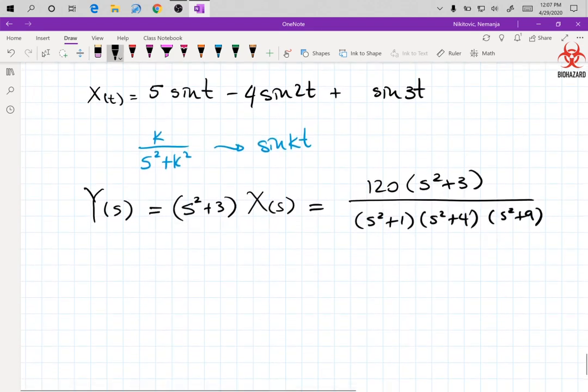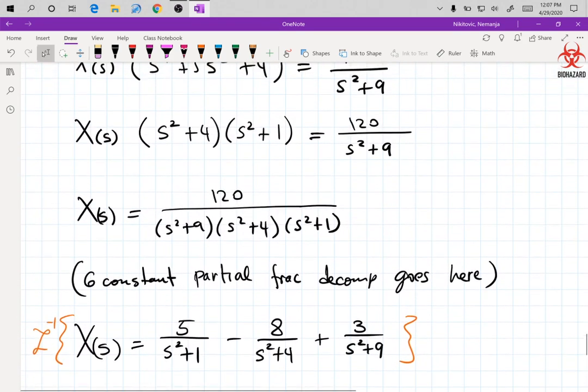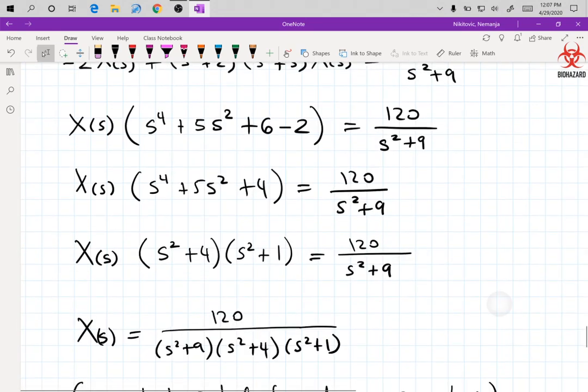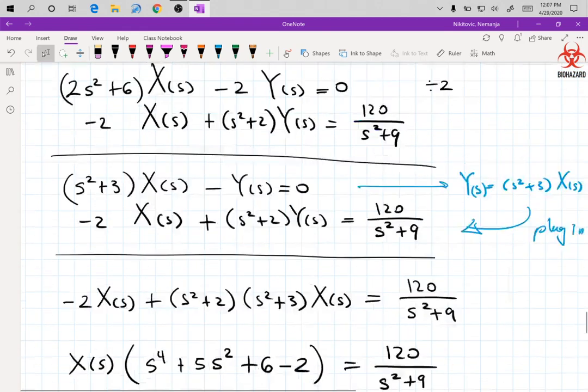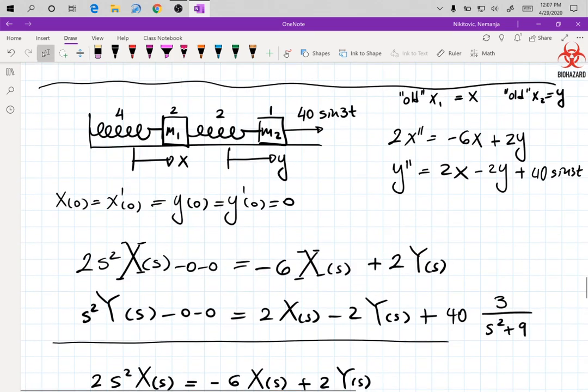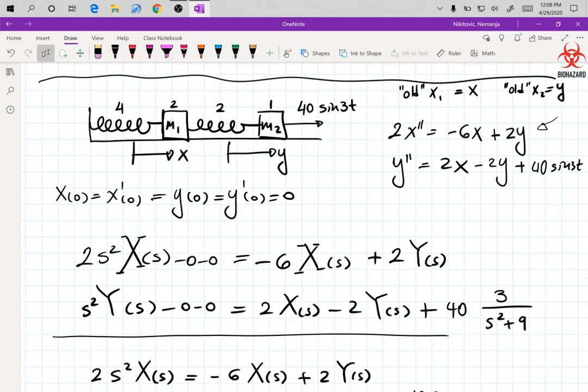And now we redo the whole procedure. Now you can do that, or since you have these equations, you can get your y using this equation here, because you know what your x is, and you can differentiate it twice to get the prime.